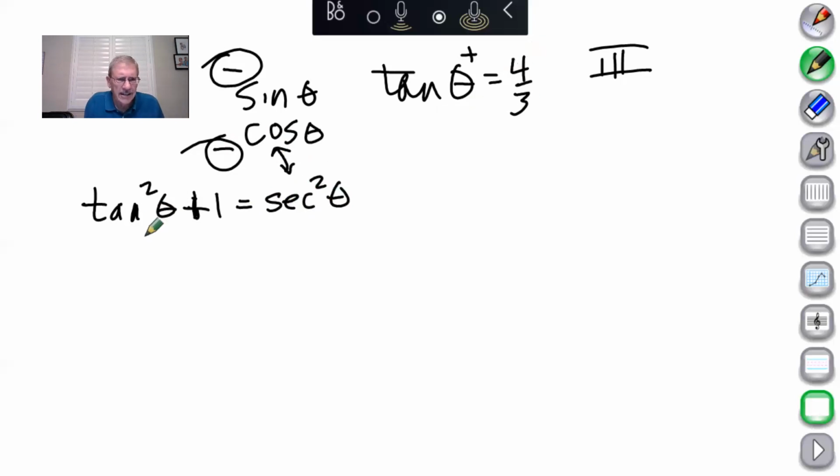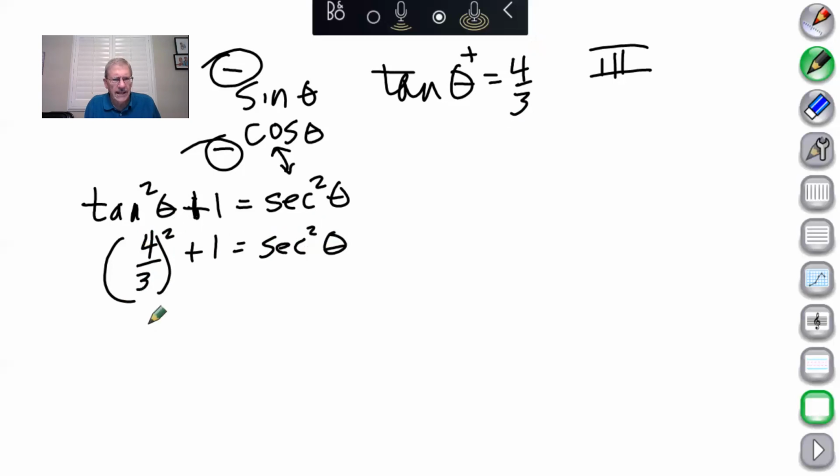In place of tangent, we're going to put 4/3 squared plus 1 equals secant squared theta. We're going to square that. That'll be 16/9 plus 9/9 in place of 1, equals secant squared theta.